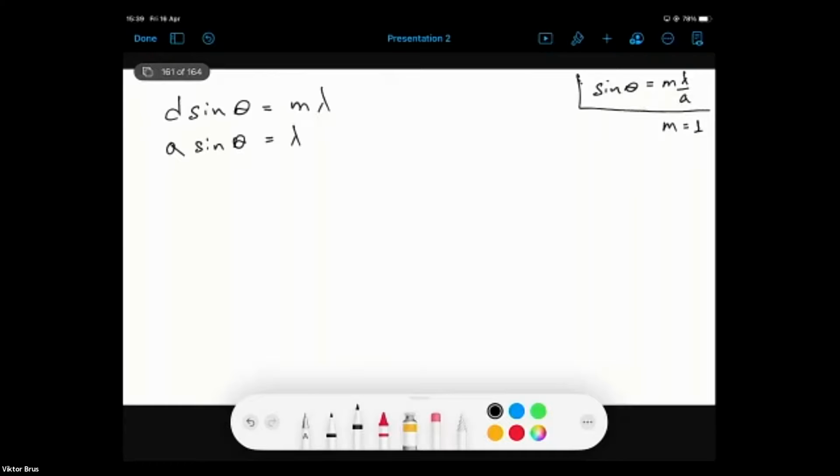So now if we divide the left and right parts of these equations, we get the following: d divided by a is equal to n. Actually, maybe better to call it n, because we don't want to confuse it with m, the order of the diffraction.